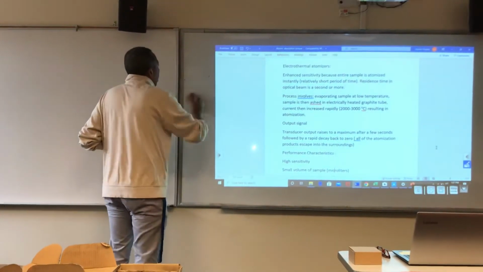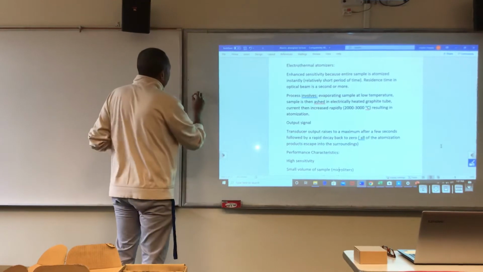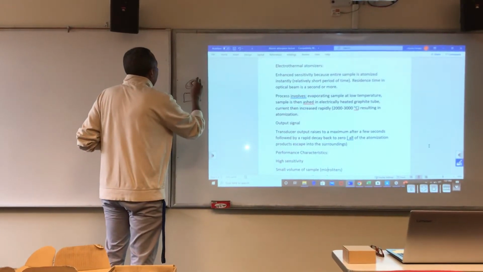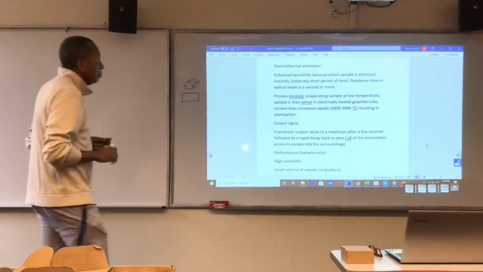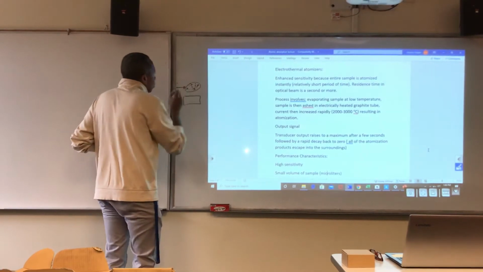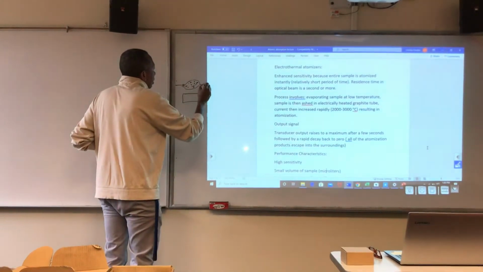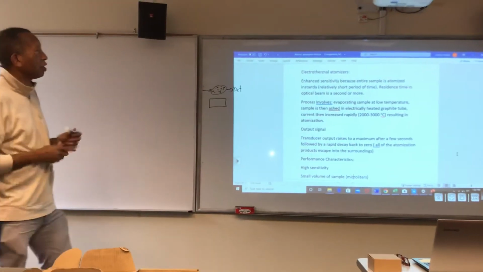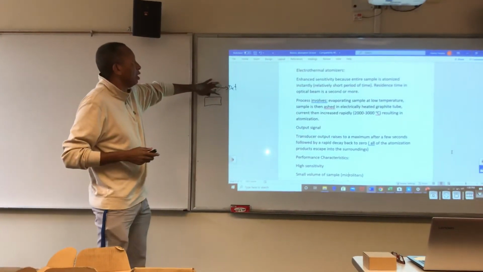and it vaporizes all at once. So what happens is we have the sample, and then we create this atomic cloud up here. We create that atomic cloud, and then the light goes through the atomic cloud to the detector. So far, so good? But this cloud lasts for some period of time.